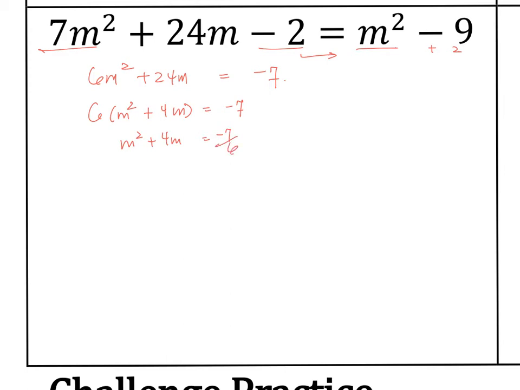Now I'm ready to complete the square. Take half of 4, which is 2, so 2 squared, and another 2 squared on the other side.